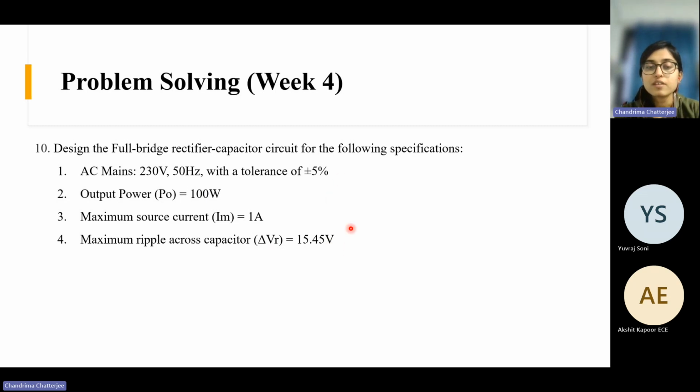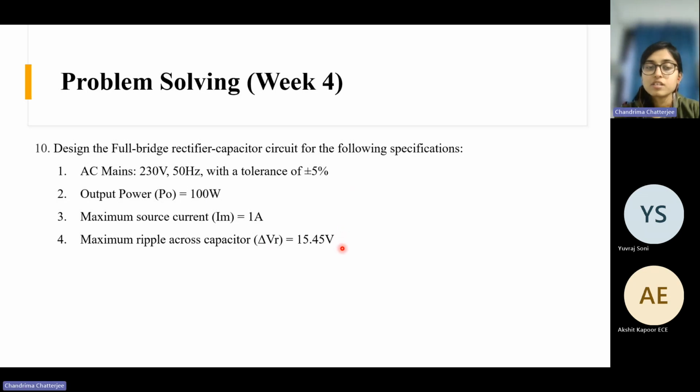So all this data will be given to you. Using all this data, you need to design the diode bridge rectifier, the different components. You will have to find the value of the capacitance which you will use as the filter. You need to find the RMS and average current flowing through the diode so that you can choose the diode.